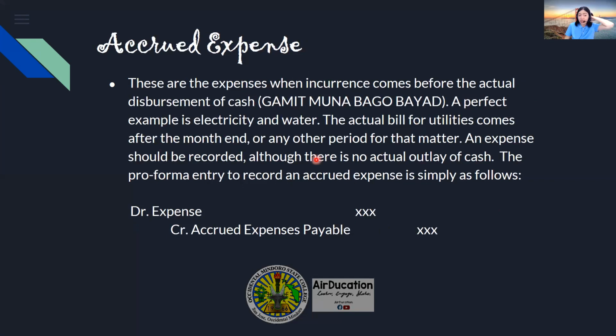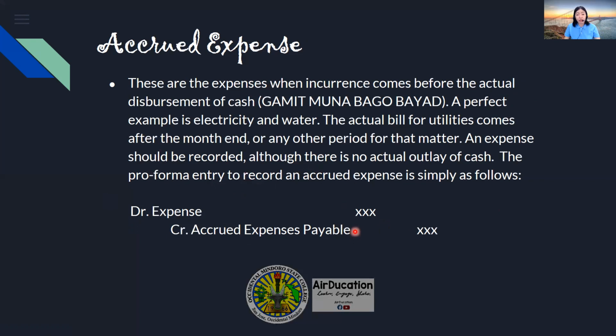So, ang entry natin, kapag nag-incur tayo ng expense pero hindi pa natin nababayaran, halimbawa, nag-bill si Meralco. So, di mo pa nababayaran. Utilities expense yon and accrued expenses payable. Kapag i-adjust natin siya.